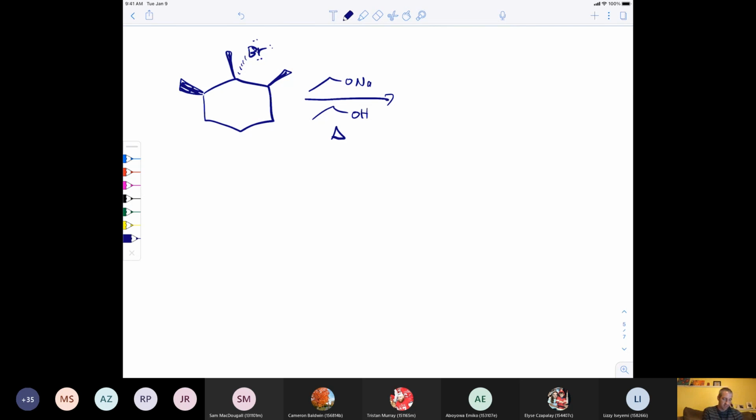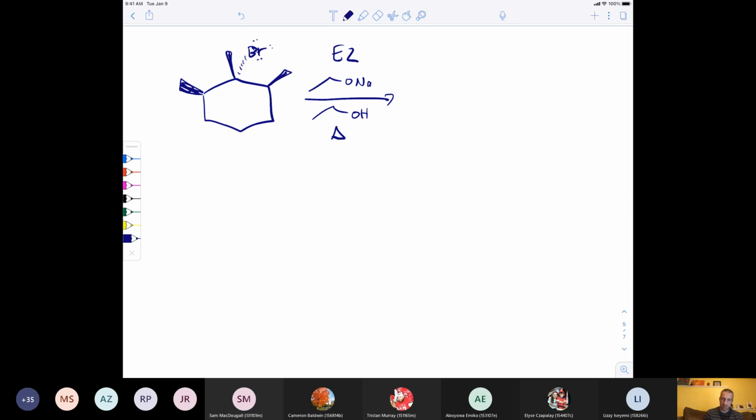The question says this reaction only gives a single alkene as a product. Draw the structure of the alkene. People look at this and say, well, this is going to be E2. And to do E2, you need to remove a beta hydrogen.